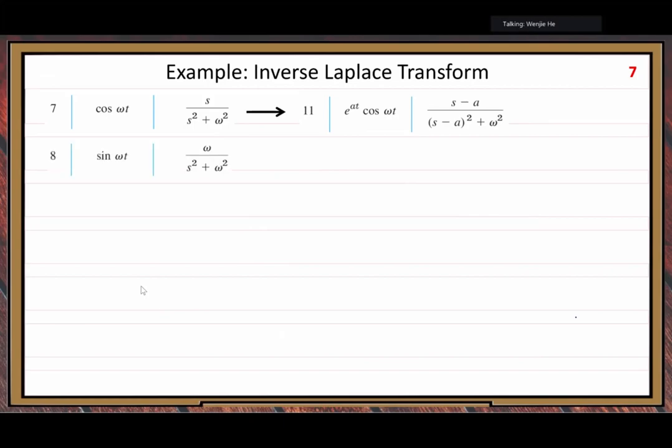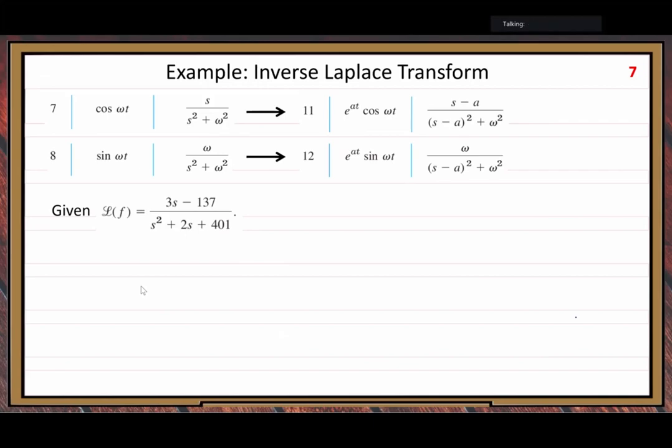Then, another one from formula 8 to formula 12, another shifting operation: replace little s by s minus a. That's simple. Now let's calculate. This time, given the Laplace transform capital F of s, we need to calculate little f, the inverse Laplace transform.